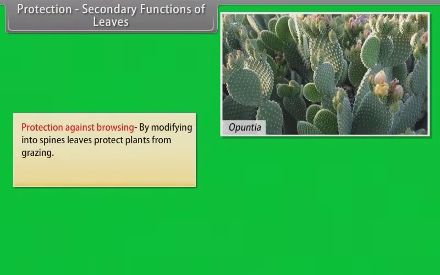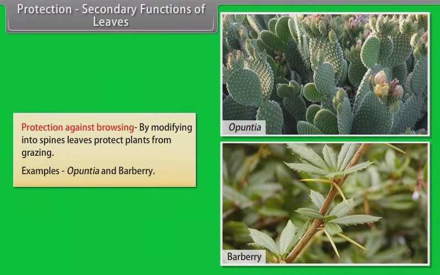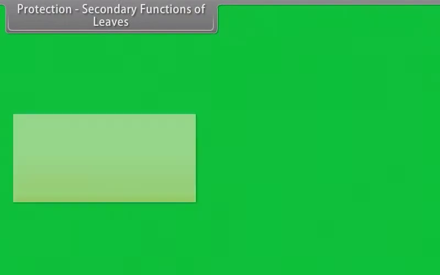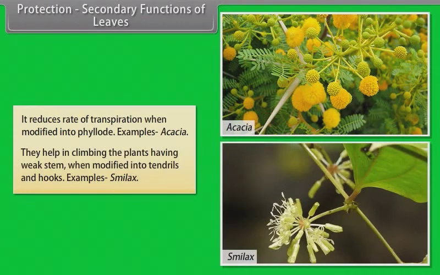Protection against browsing: by modifying into spines, leaves protect plants from grazing. Examples: Opuntia and barberry. It reduces rate of transpiration when modified into phyllodes. Examples: acacia. They help in climbing the plants having weak stem when modified into tendrils and hooks. Examples: Smilax.